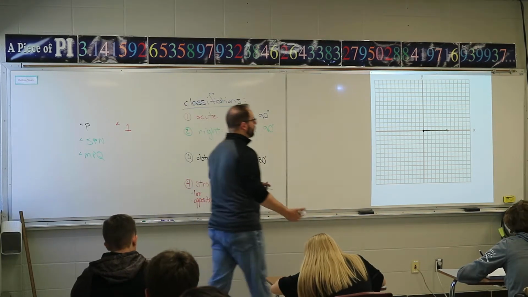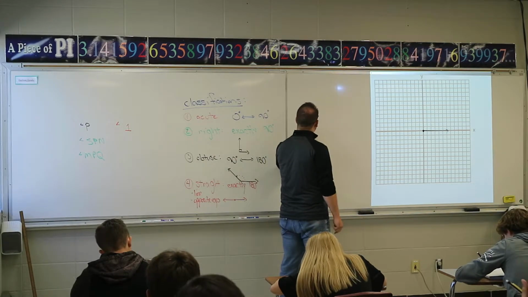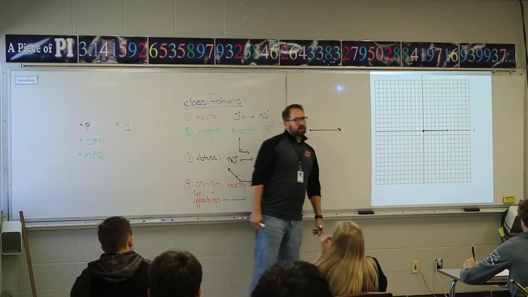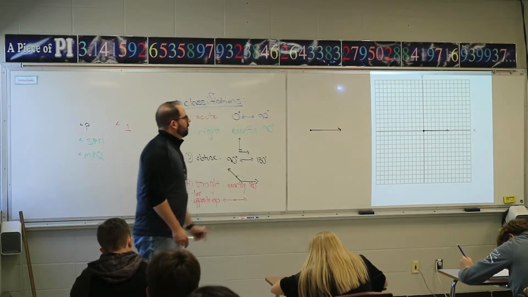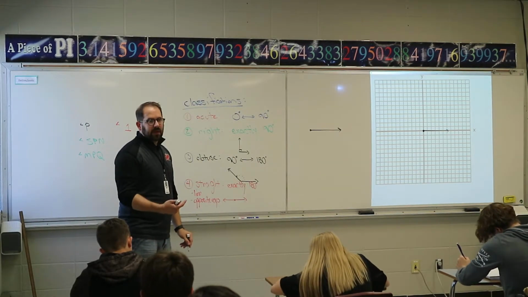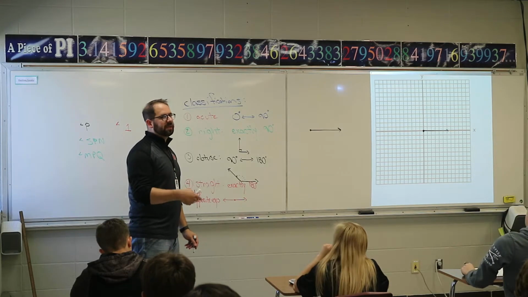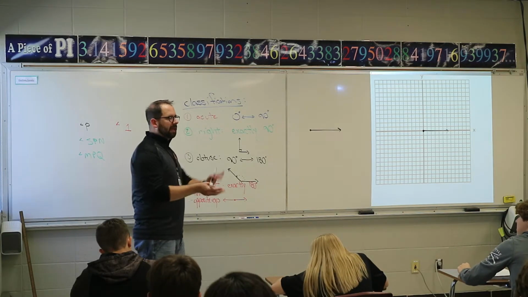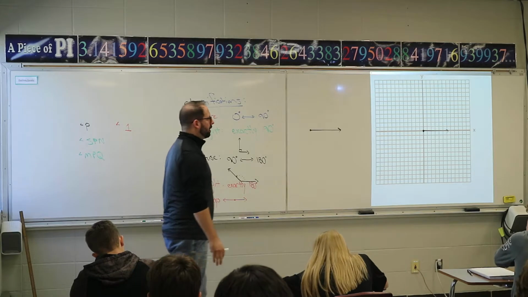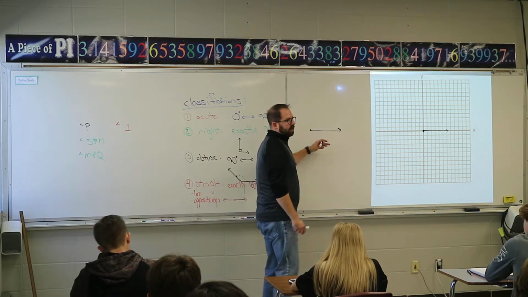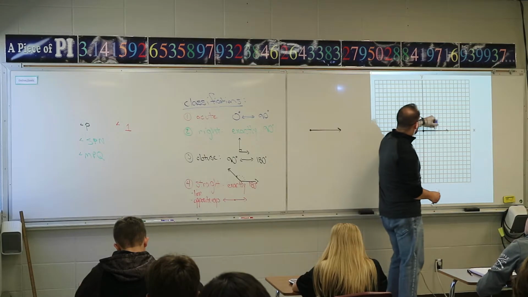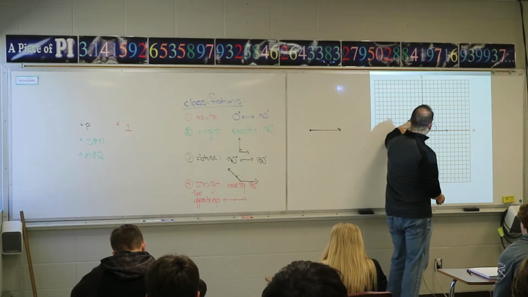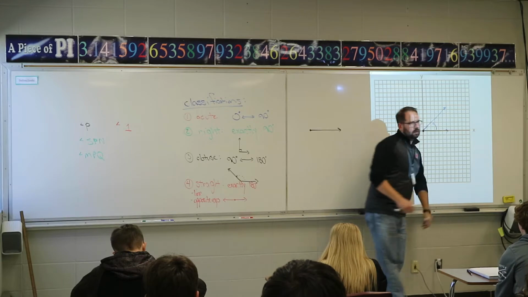If you don't have grid paper, your picture better look like this. It's a dot, and you're going to the right of it. Does that make sense? This will guarantee that everyone in this room will always draw the exact same picture, and I don't have to turn your paper to see if you drew it correctly. You're always going to start to the right. Then you're going to open up counterclockwise, and you're going to draw that final ray, wherever it lands.